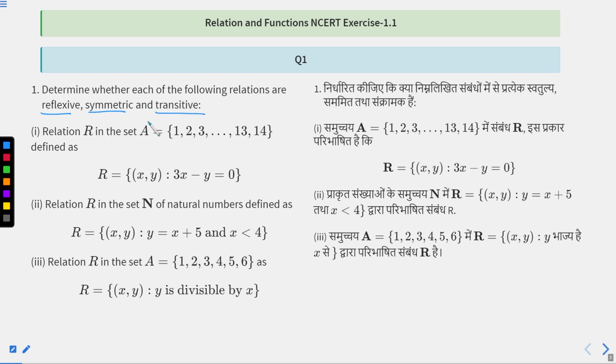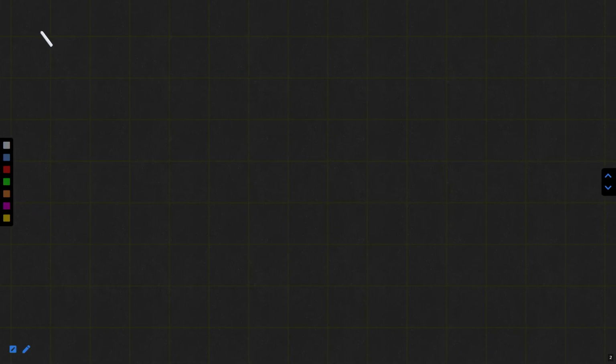Let's solve together. First, the relation in the set A, this means R is a subset of A cross A, and A is the set 1, 2, 3 till 40.